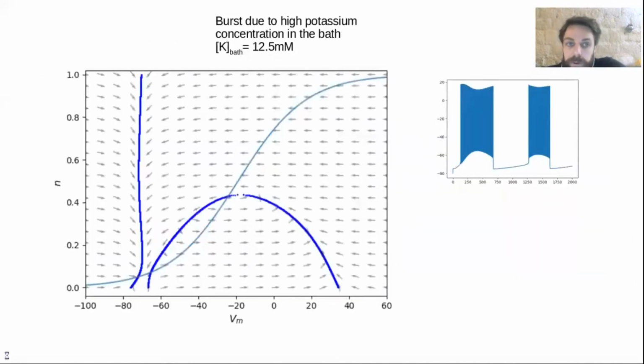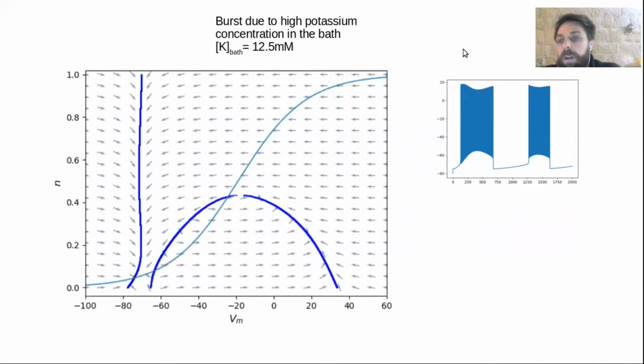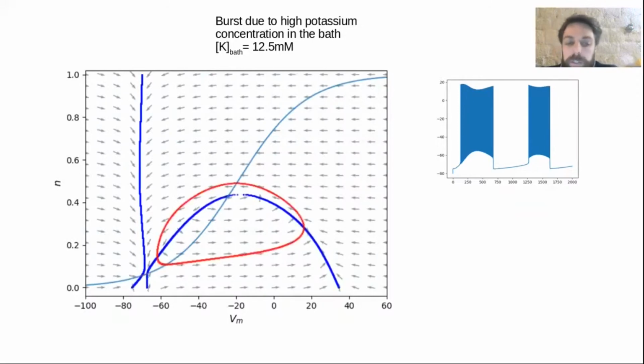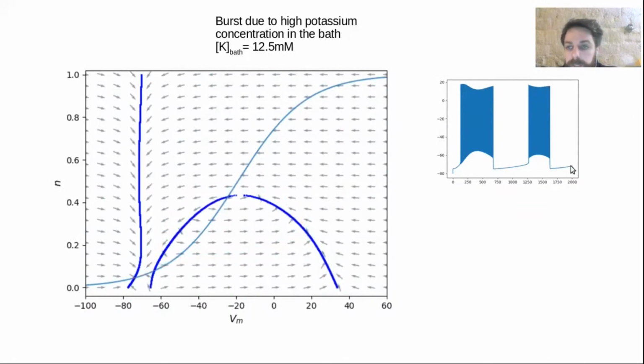If we do that for the bursting activity we saw before, we can see that the associated evolution of the potassium concentration and sodium concentration will transform the phase plane and allow the appearance of this bursting activity.